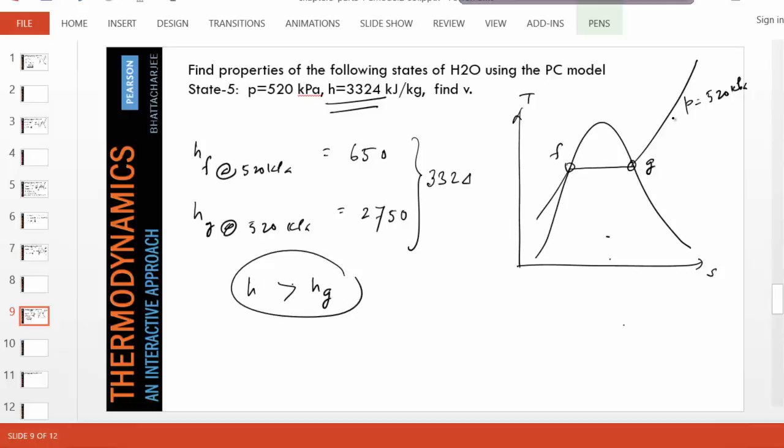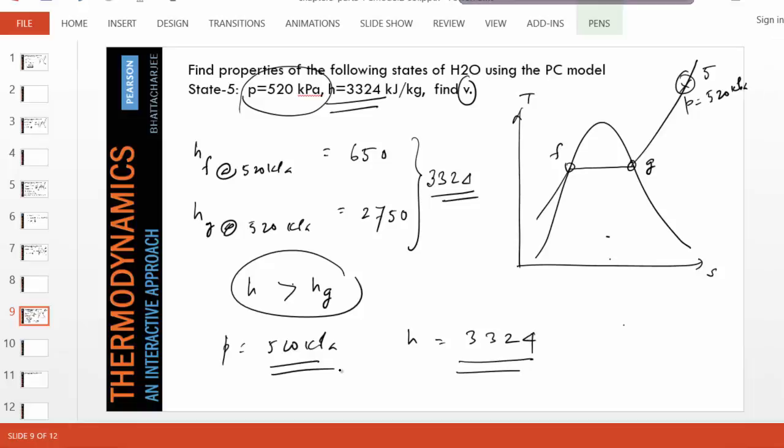So therefore we must be on the superheated vapor side, and state 5 must be somewhere here. Now that we know the enthalpy and pressure, we can go back. And the question is what? Find specific volume. So we go to the superheated table, look for a pressure of 520 kPa. So we know pressure is 520 kPa and enthalpy is 3324.